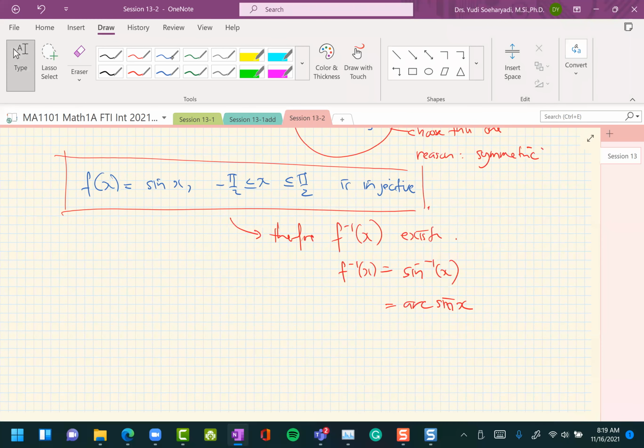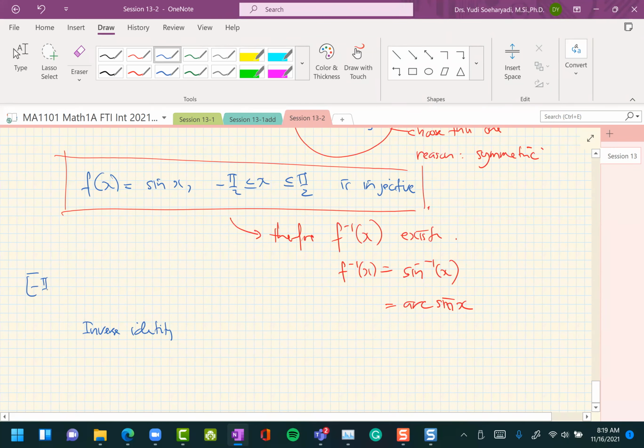Therefore, from the identity: our sine now is between negative pi over 2 and pi over 2, and this becomes from -1 to 1. If you push that backward, this is what we call sine inverse.